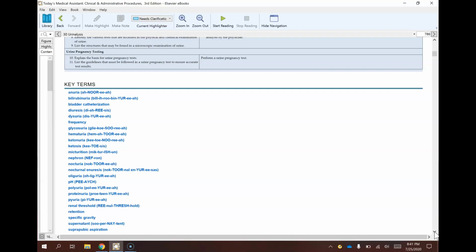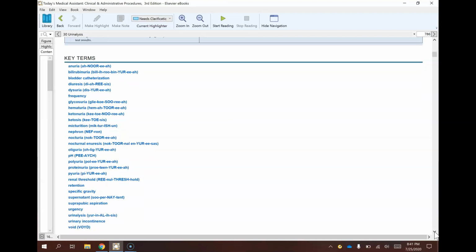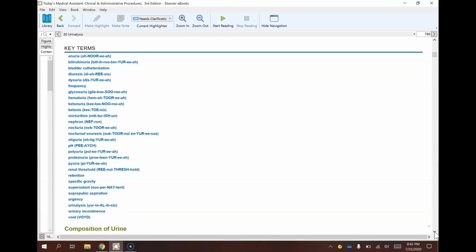Bilirubinuria, bladder catheterization, diuresis, dysuria, frequency, glycosuria, hematuria, ketonuria, ketosis, micturition, which is a terminology word as well, nephron, nocturia, nocturnal enuresis, oliguria, pH, polyuria, proteinuria, pyuria, renal threshold, retention, specific gravity, supernatant, suprapubic aspiration, urgency, urinalysis, urinary incontinence, and void.